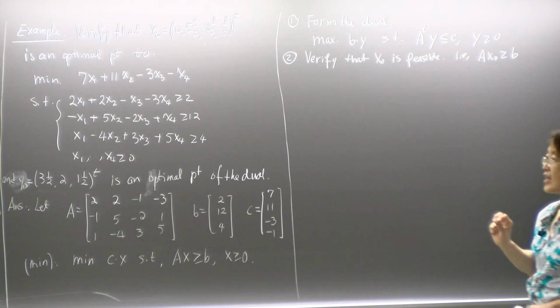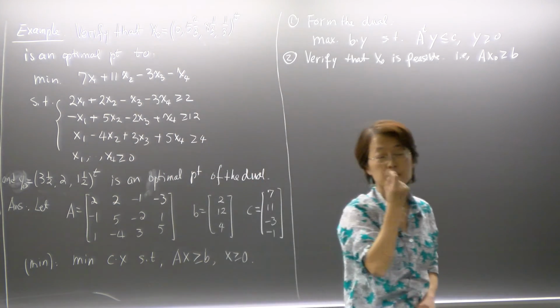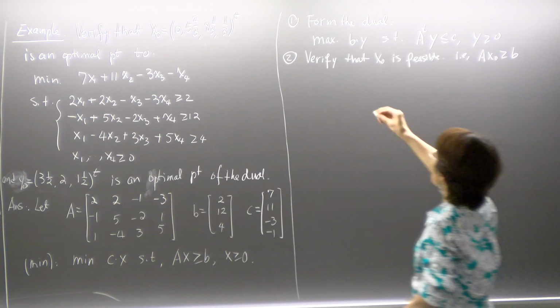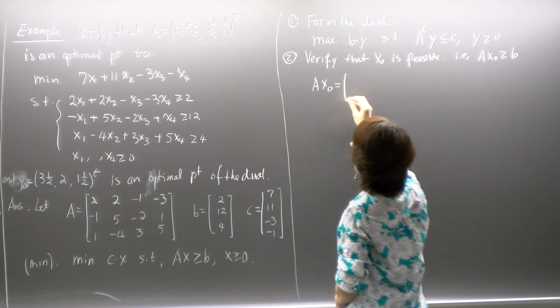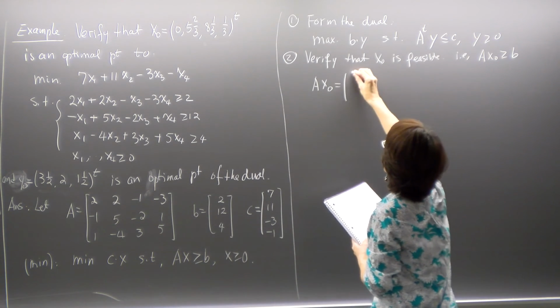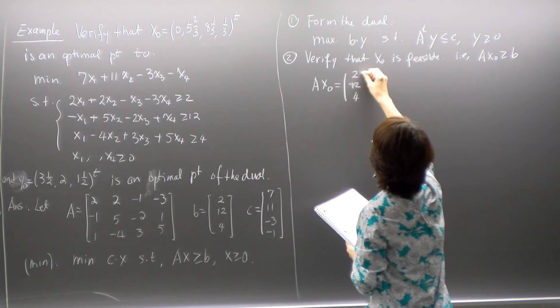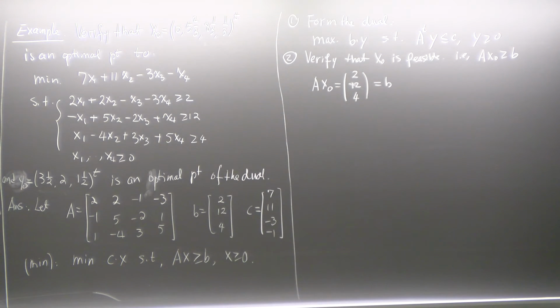A is a matrix and x naught is this vector, so you just have to perform the matrix times vector product. It's some work, but not impossible. You carry out this computation and you get 2, 12, and 4 on the right-hand side, which is exactly b. So the constraints hold, and that's feasible.